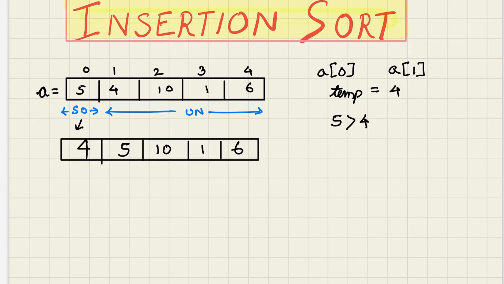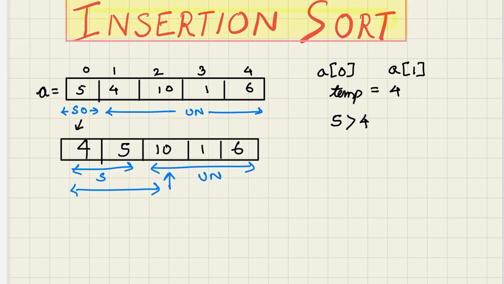Now, in my second iteration, this is my sorted sublist and this is my unsorted sublist. From my unsorted sublist, I need to pick up my first element and compare it with the rest of the elements to see where exactly I can put this first element from the unsorted array.